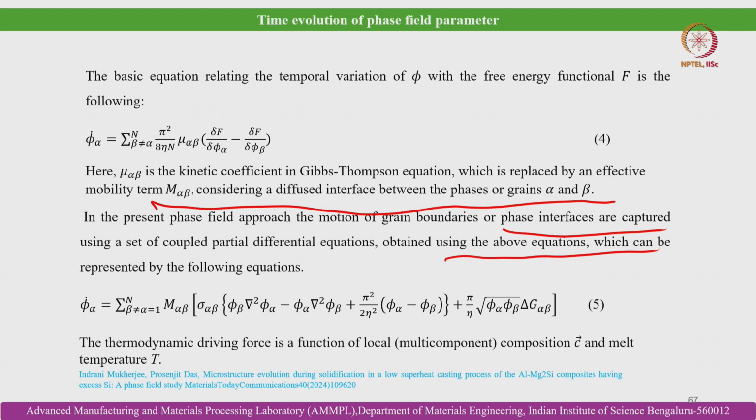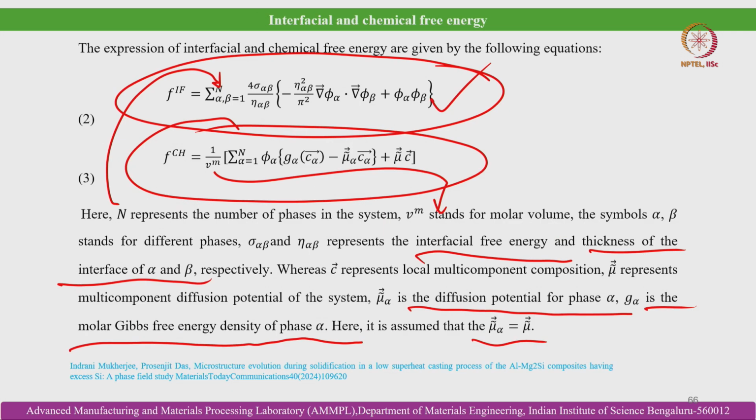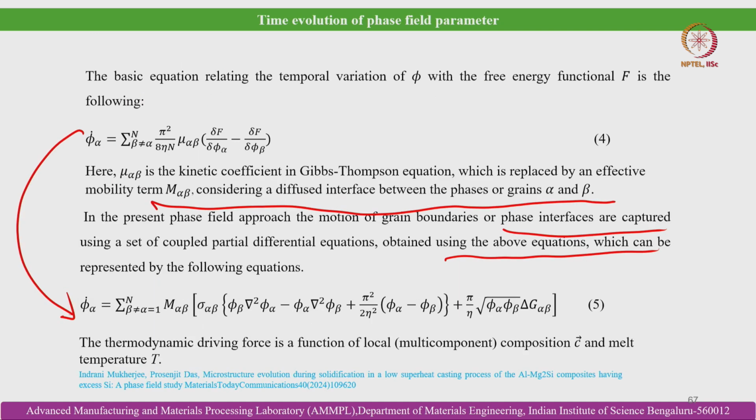Here we can rewrite the expression for the phase field parameter of phase alpha: phi alpha dot is equal to the summation over beta not equal to alpha, from 1 to n, of m alpha beta in the third bracket, sigma alpha beta, which we have discussed, that is the interfacial free energy, sigma alpha beta into phi beta grad square phi alpha minus phi alpha grad square phi beta, plus pi square by 2 eta square into phi alpha minus phi beta, plus pi by eta root over phi alpha phi beta into delta G alpha beta.